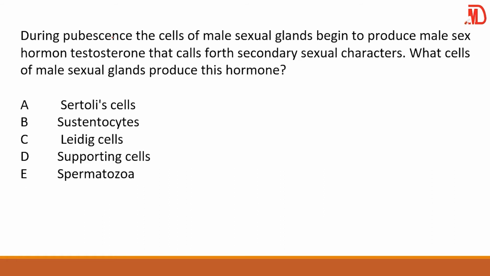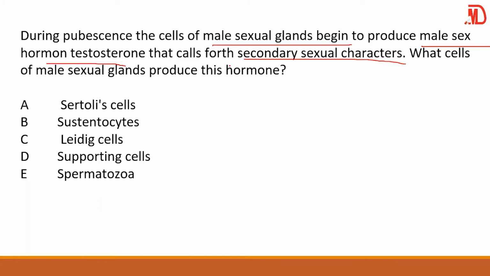Now, during pubescence, pubescence simply means like puberty, the cells of the male sexual organs begin to produce male sex hormone called testosterone that cause secondary sexual characteristics.